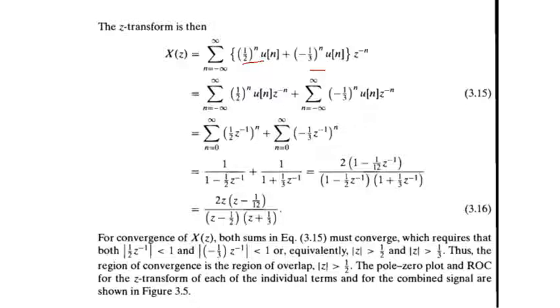Then we took the Z transform and we opened the summation, there is a geometric series of this one and this one, and we got this thing which I just told you. Then taking the LCM, it becomes this. So finding out the zeros and the poles, you can have the pole-zero plot that was shown to you in the previous figure, and the region of convergence for which both signals overlap is |z| greater than 1 by 2.